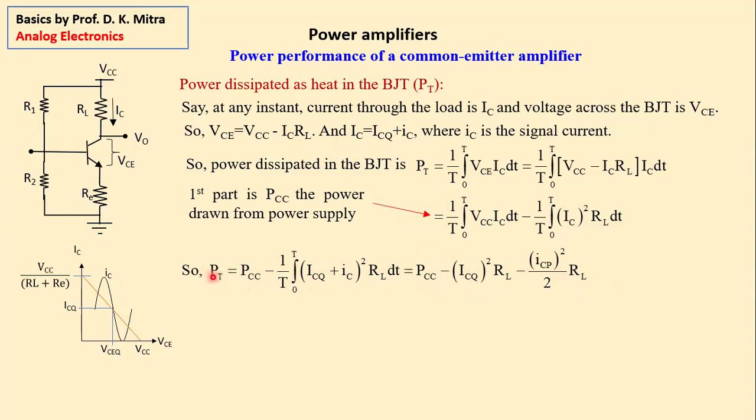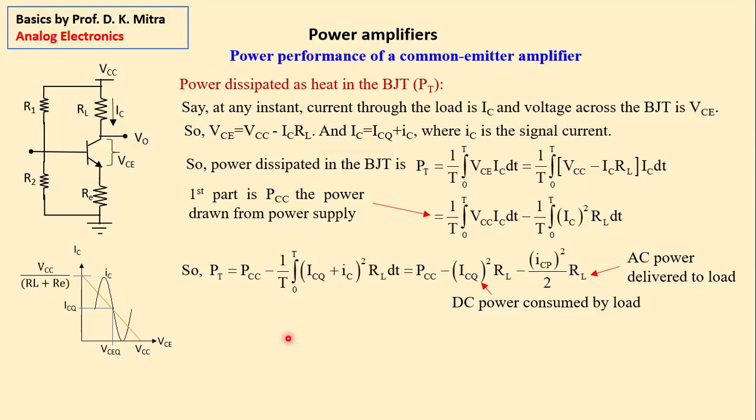So power dissipated in the transistor as heat is equal to power drawn from the battery minus DC power consumed by the load minus the AC power delivered to the load. This makes sense. That means the power dissipated in the transistor is the power taken from the battery minus the DC power consumed by the load minus the AC power delivered to the load.